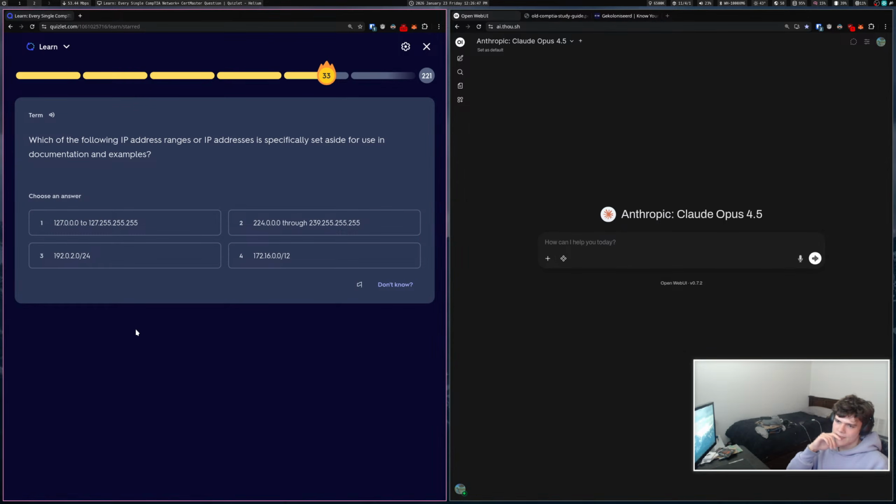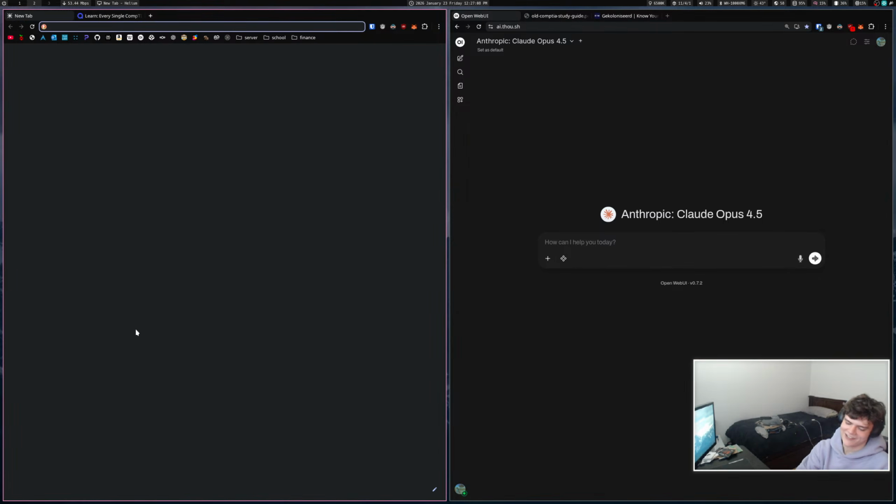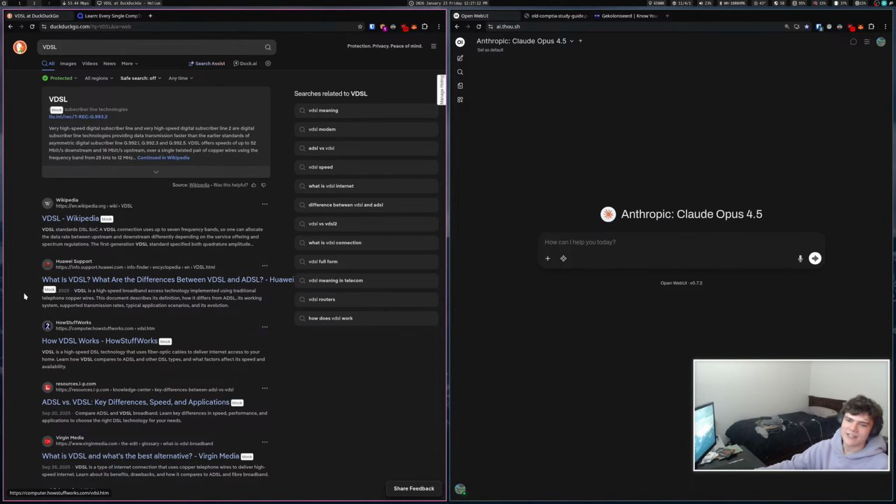Which of the following IP address ranges is specifically set aside for use in documentation and examples? What if it's vertical? I'm pretty sure it's not vertical DSL. Yeah, very high speed digital subscriber line.